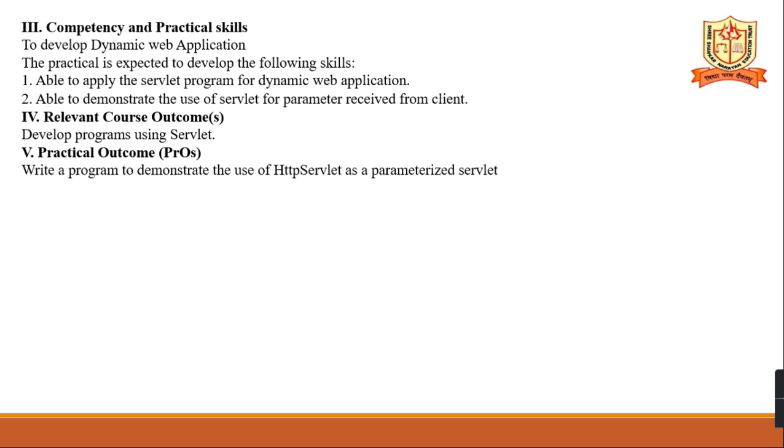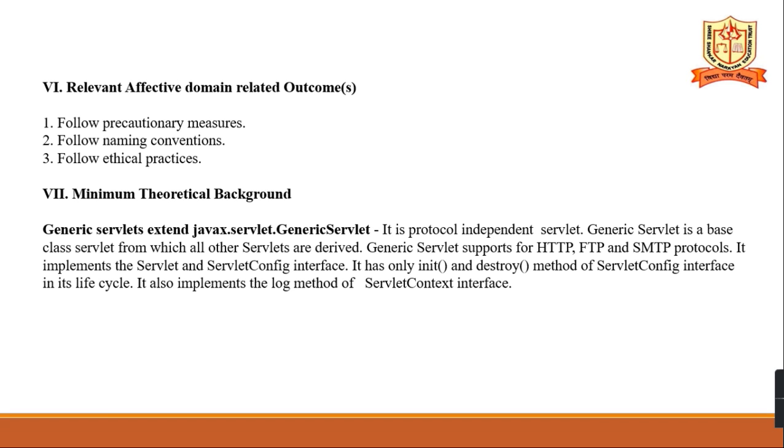Relevant course outcome: develop a program using servlets, that is, write a program to demonstrate the use of HttpServlet as a parameterized servlet. Relevant affective domain outcomes: follow the precautionary measures, follow naming conventions, follow ethical practices.